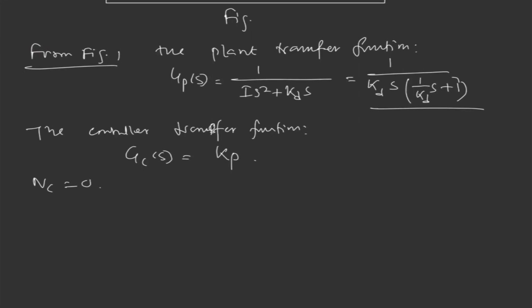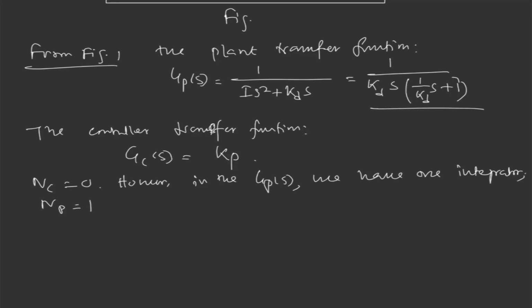However, in the plant transfer function GP of S, we have one integrator. So we can write NP equal to 1.